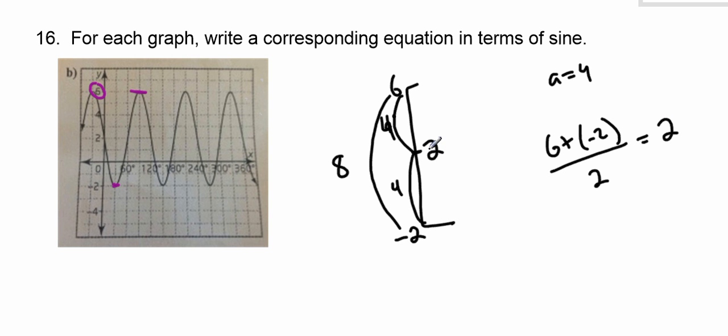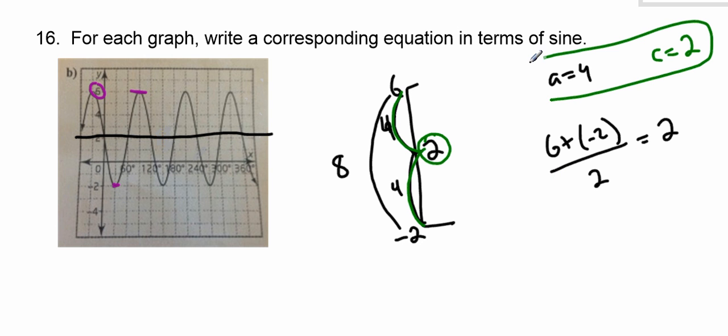So I now also know that the middle axis is at 2. And again, you can either do that using midpoint or just by eyeballing 6 minus 4, -2 plus 4, I get to that midpoint value. So now I know that the C value is 2. So I've moved this up 2. So there's all of our vertical changes.